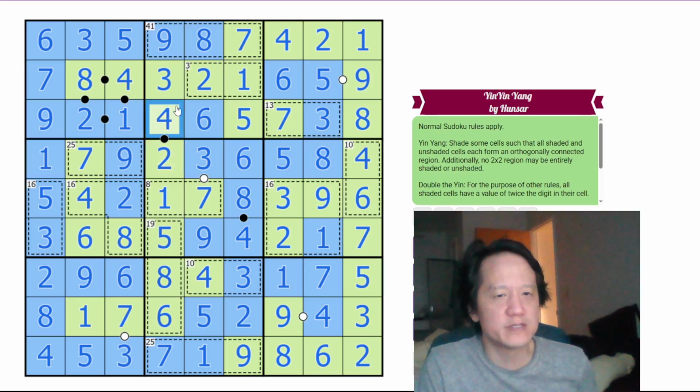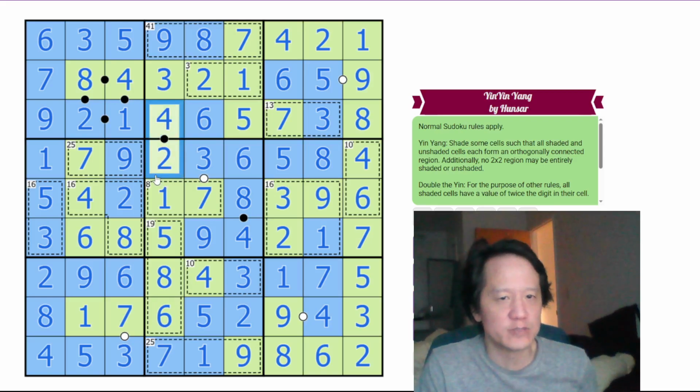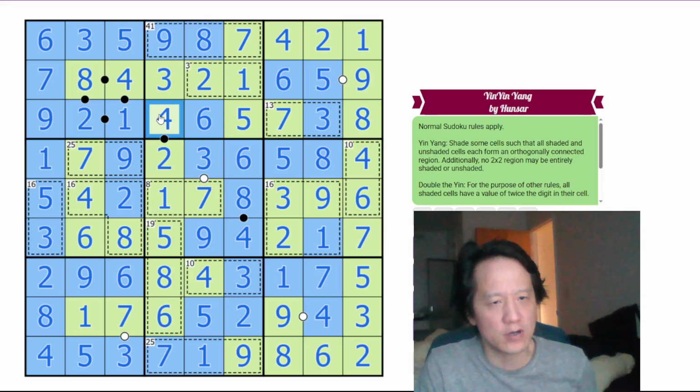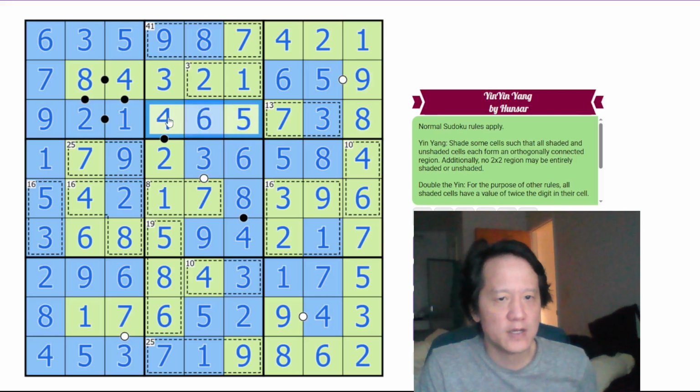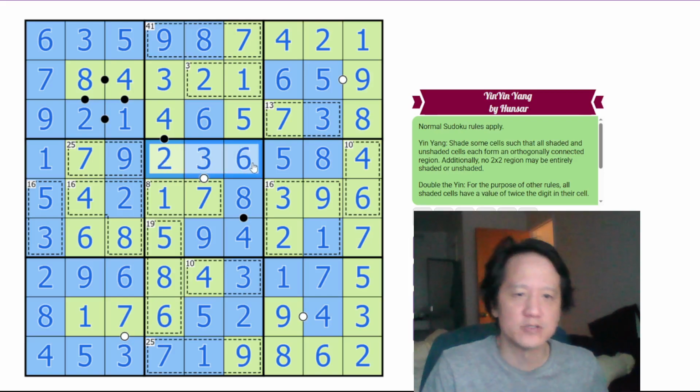This could never be 6, because if it's 6, it can only be with 3 non-doubled, or 6 doubled, which would be itself, which is not possible. So this had to be a 4 of the values possible. And I should have made this 2, 8, or 1 doubled. That was the possibility, and that was a mistake there.